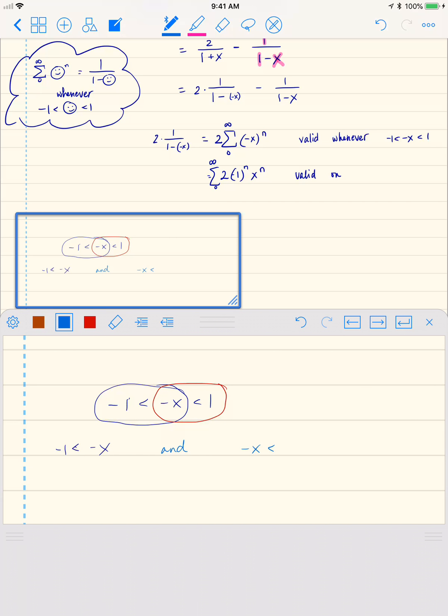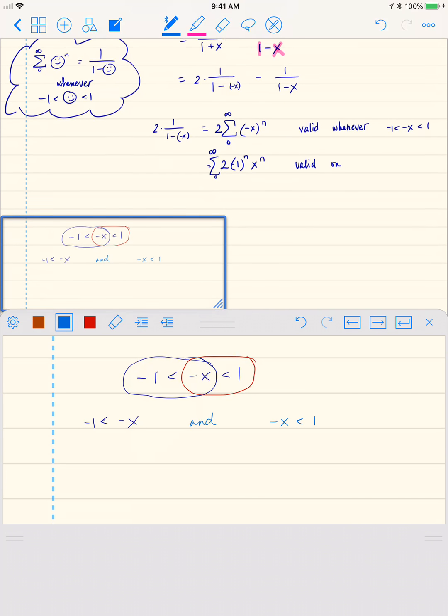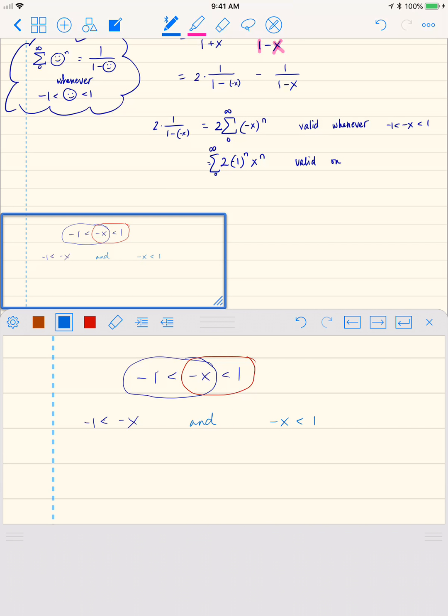So it's like we've got 2 restrictions on our x. For this first one here, I can divide both sides by negative 1, and I've got to flip that inequality, so x is less than 1. Then over here, I do the same thing, and I get that x is greater than negative 1.